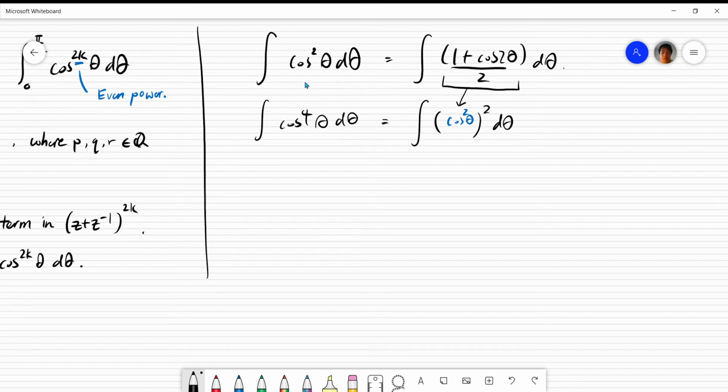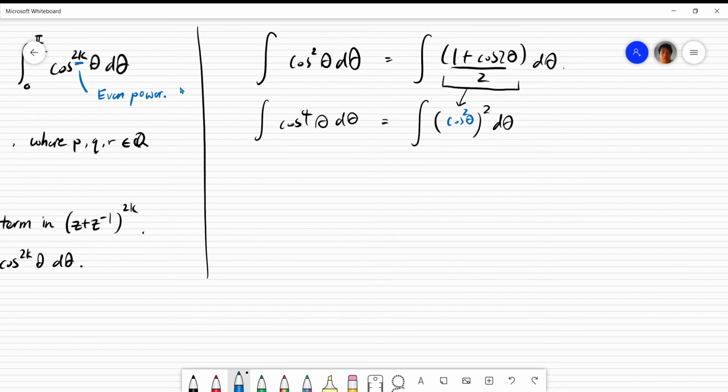But this is rather messy, isn't it? Every time you have a power of cosine, you need to convert it into some other form that involves just a factor of theta.